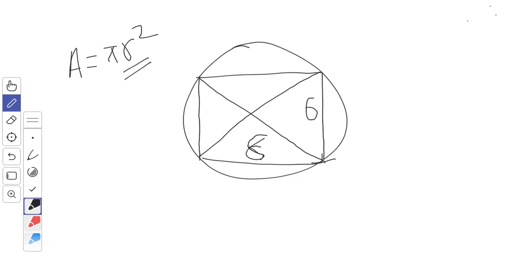Now looking at the figure, we have A, B and C. Since this is a right angle triangle, we can use the Pythagoras theorem and find this AC.